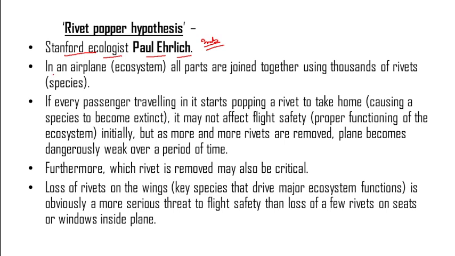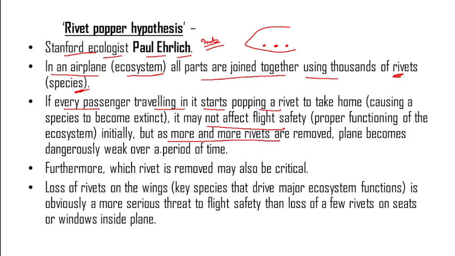So what did he say? He said that an airplane is compared to the ecosystem. All parts are joined together using thousands of rivets, and the rivets here are compared to the species. Suppose this is the airplane, and the bolts which are used to join the different parts are called rivets. If every passenger traveling in it starts popping a rivet to take home, it may not affect the flight safety initially, but as more and more rivets are removed, the plane becomes dangerously weak over a period of time.